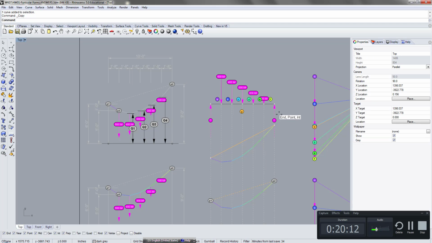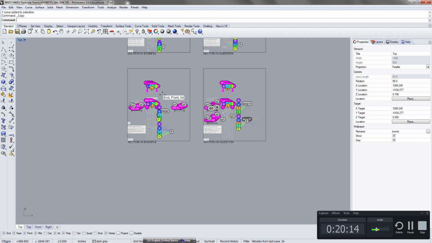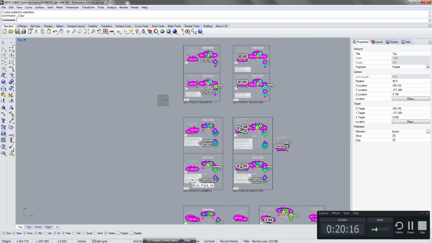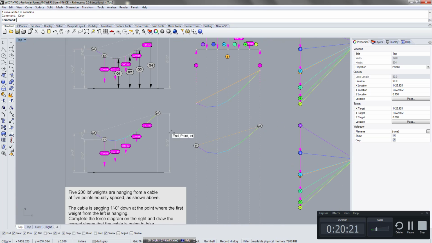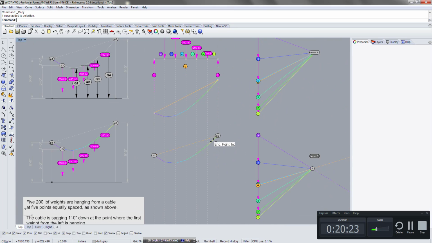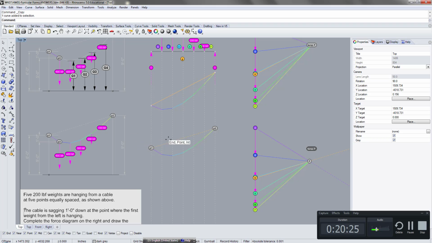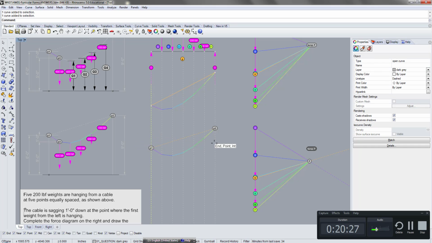But I lied a little bit, because it's actually best demonstrated with a compression-only structure, but if you imagine a cable like this. Let's imagine this is a cable hanging between two walls, and you have a hook on the wall, and you hook the cable onto that, hanging the chain like this.